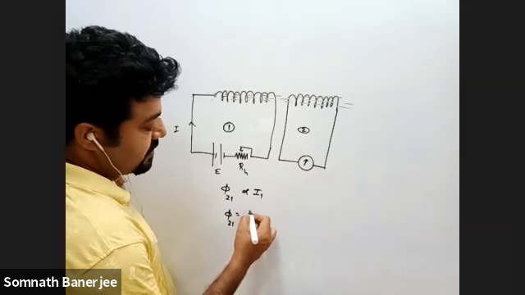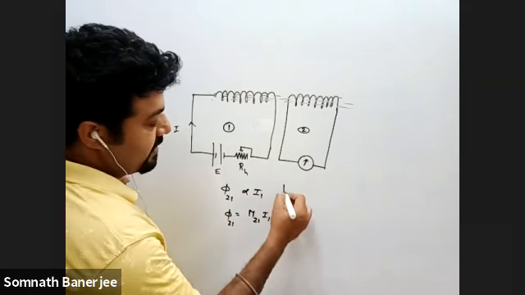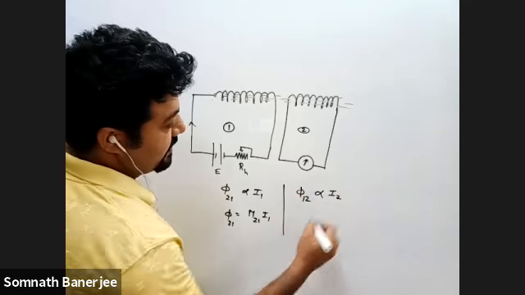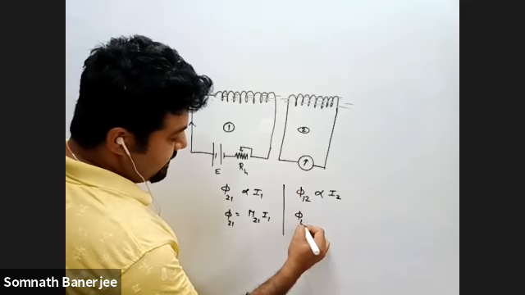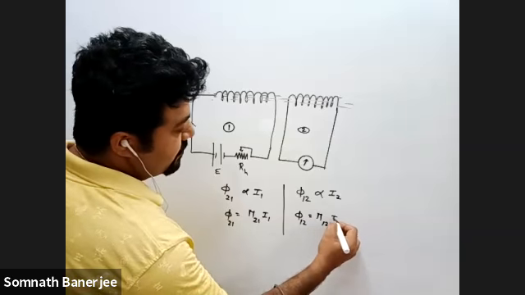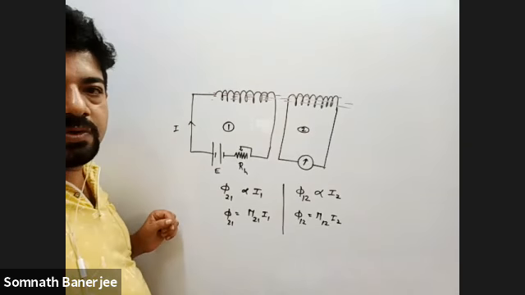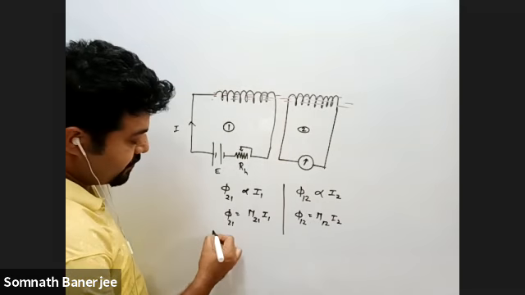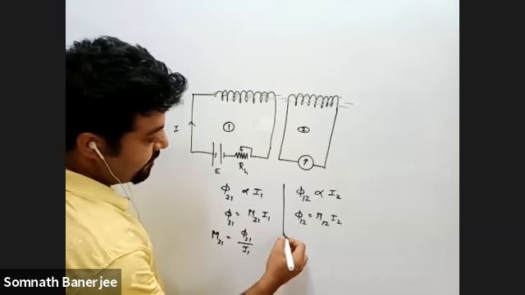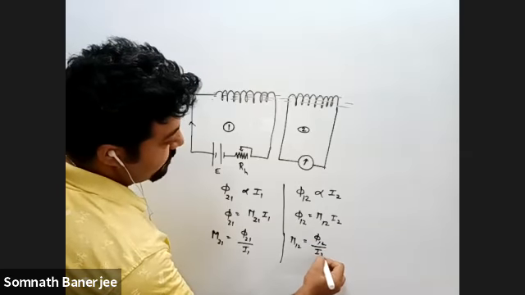When you equalize, we use mutual inductance M21: flux at 2 due to 1 equals M21 times current I1. Similarly, flux at 1 due to 2 is directly proportional to current at 2, so flux at 1 due to 2 equals M12 times current I2. So M21 is the flux at 2 due to 1 divided by current of 1, and M12 is the flux at 1 due to 2 divided by current of 2.